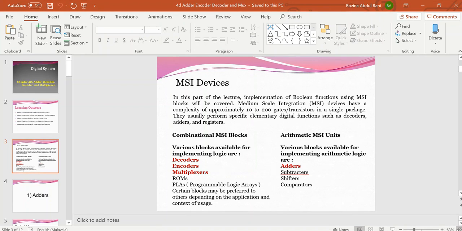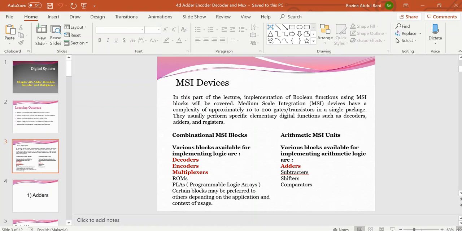The next development was large scale integration, or LSI. So there are a few stages: the production of integrated circuits starts with SSI, then MSI, and after MSI we call it large scale integration, LSI.